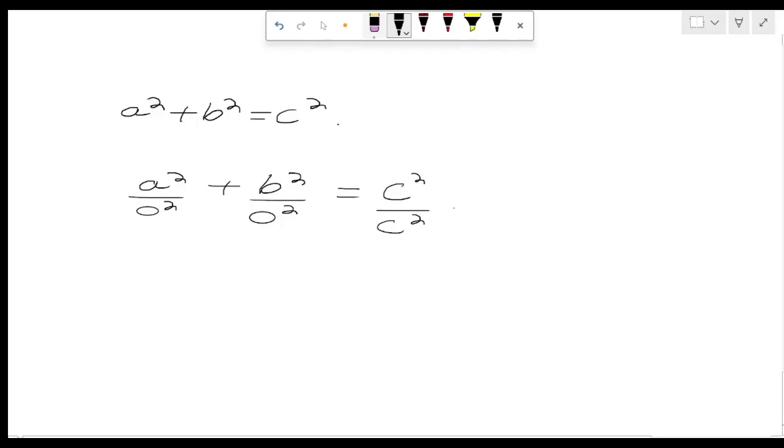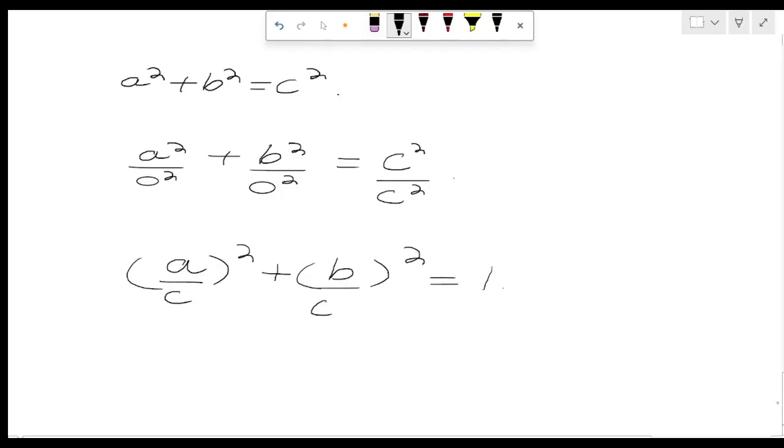Now A square over C square can be written as A over C whole square added with B over C whole square, and that is equal to 1. Now what is A over C equal to? That is equal to sine theta.